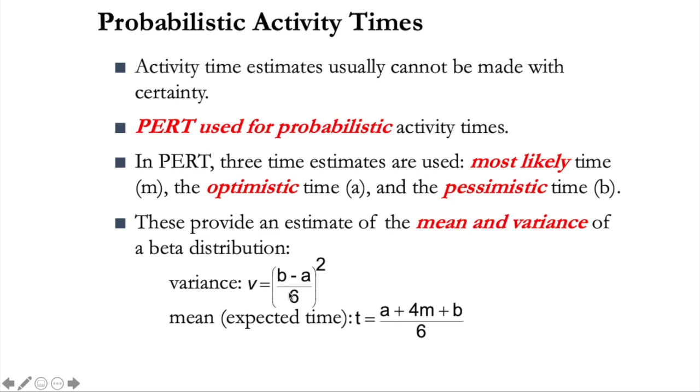And the mean time t equals a plus 4 times the most likely time plus b, divided by 6, where a is the optimistic time and b is the pessimistic time. This gives us the mean time, and this gives the variance of that time.